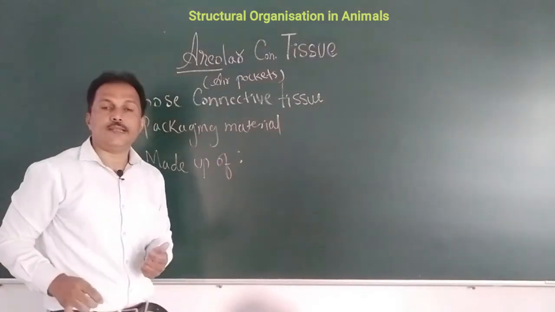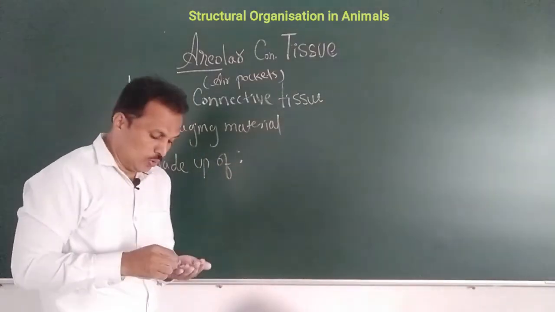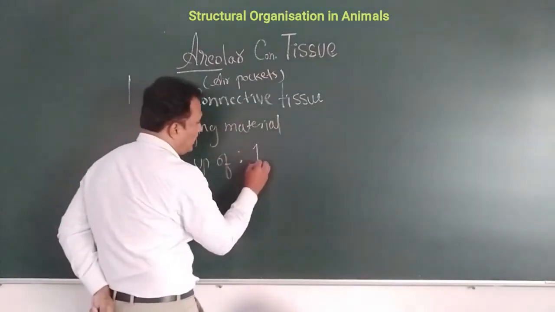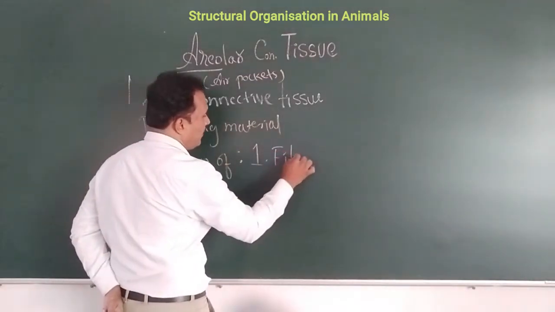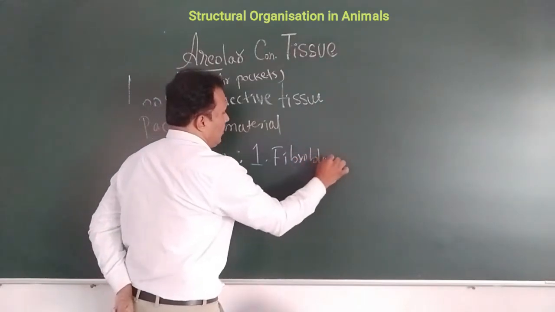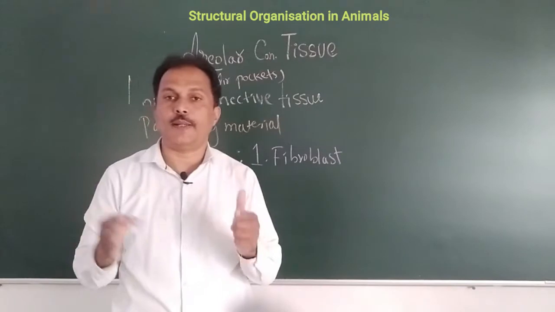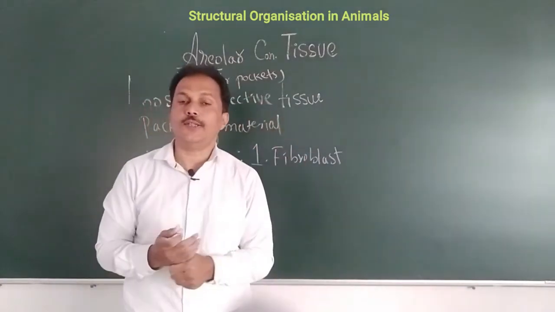This areolar connective tissue is made up of what? It is a tissue, so no doubt it is made up of many types of cells. Number one type of cell is the fibroblast. This is the most abundant type of cell present in this tissue. What is this fibroblast?